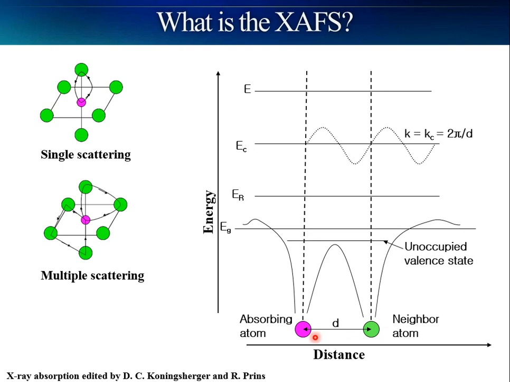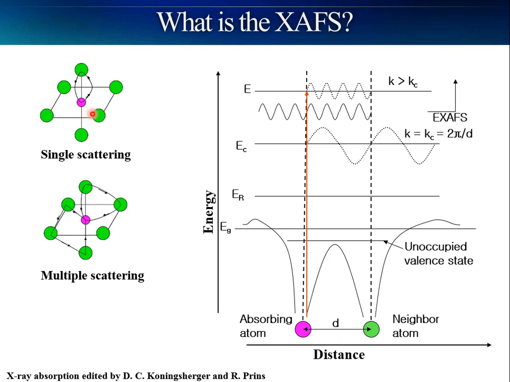The critical energy is defined by the wave number Kc, Kc is 2 pi over d. When the photoelectron gets more energy than Kc, it is EXAFS. The photoelectron in the EXAFS makes single scattering because of high energy, right? Single scattering, like that. So we obtain the information of structural properties.